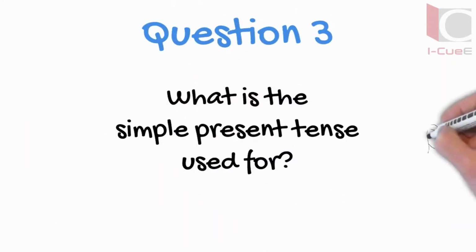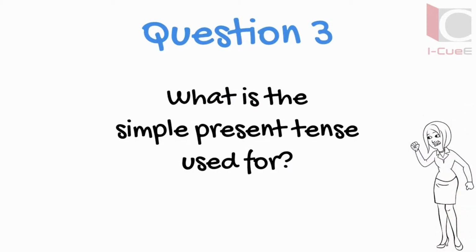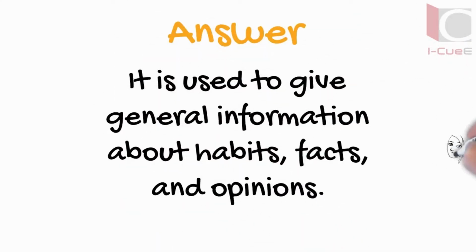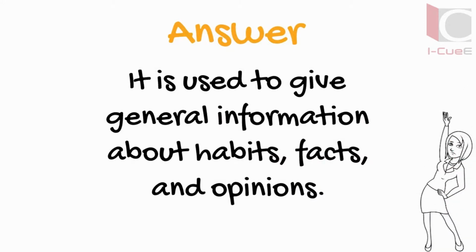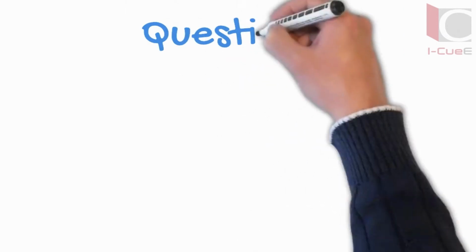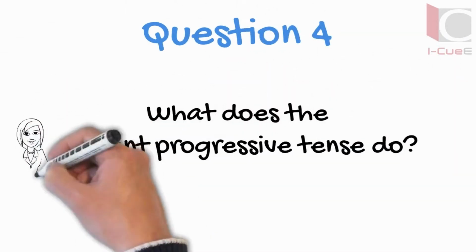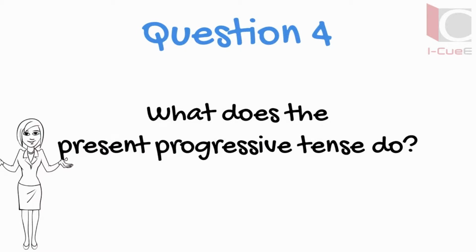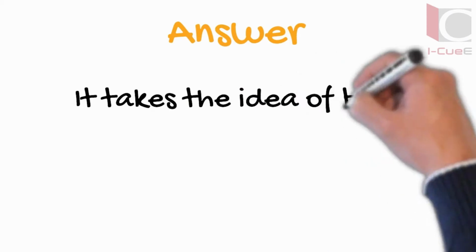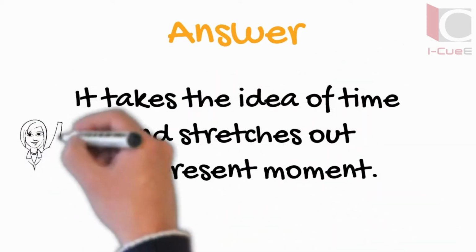What is the simple present tense used for? It is used to give general information about habits, facts, and opinions. What does the present progressive tense do? It takes the idea of time and stretches out the present moment.